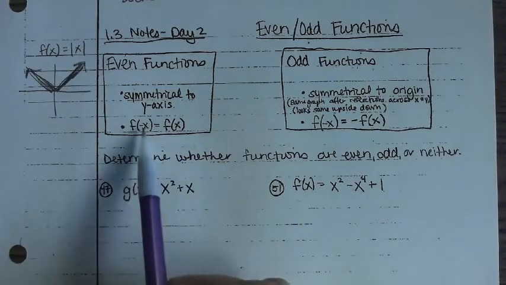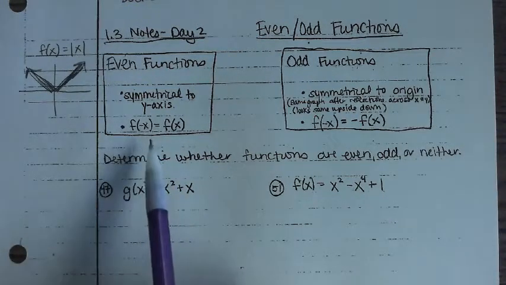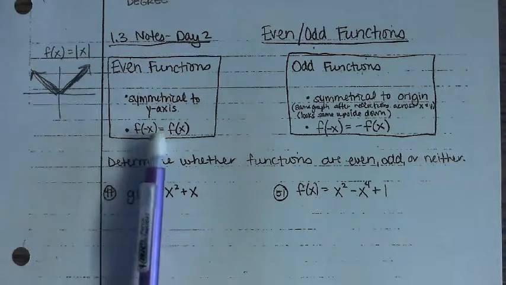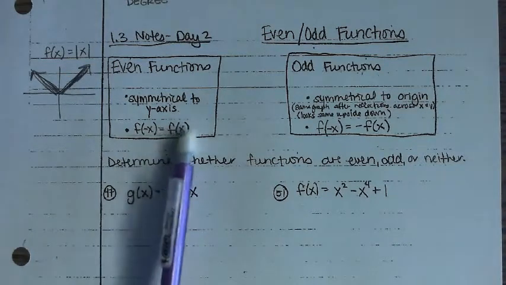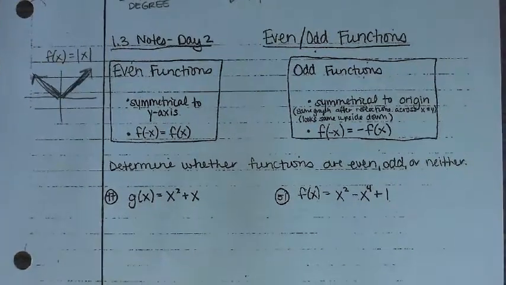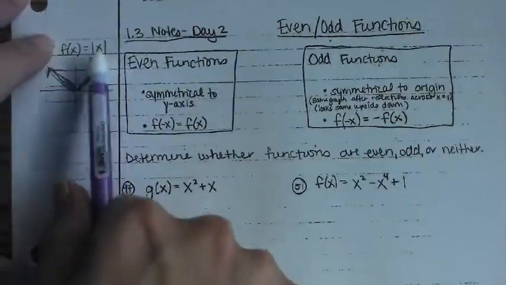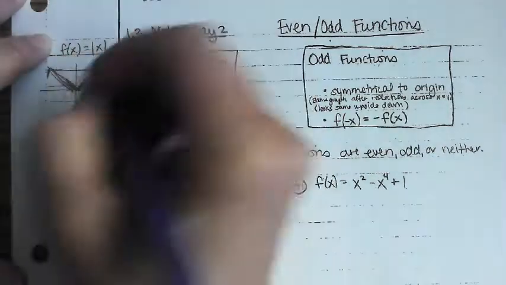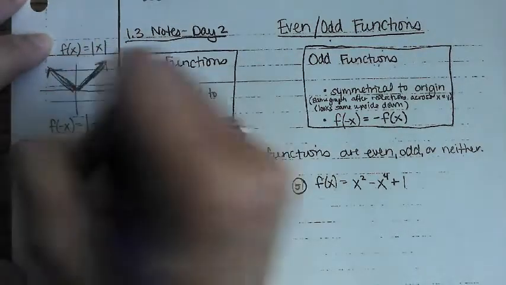Algebraically, if you're asked to show whether or not something is even or odd, you plug in negative x. And when you plug in negative x, if it ends up equaling the original function, once you simplify it, then it's even. So take this one for example. If I plug in negative x, f of negative x equals the absolute value of negative x.